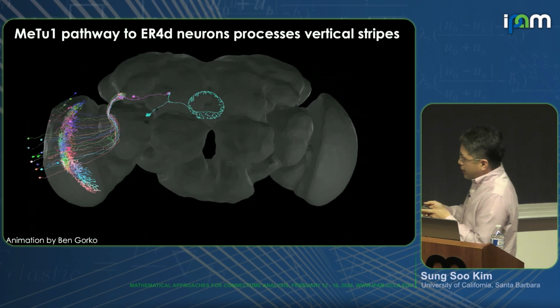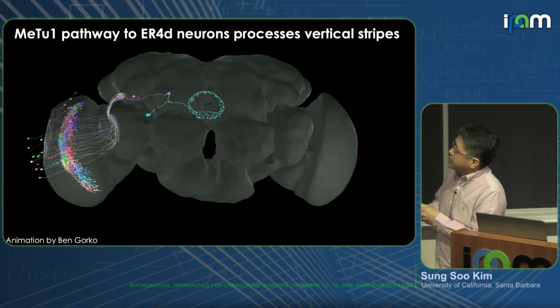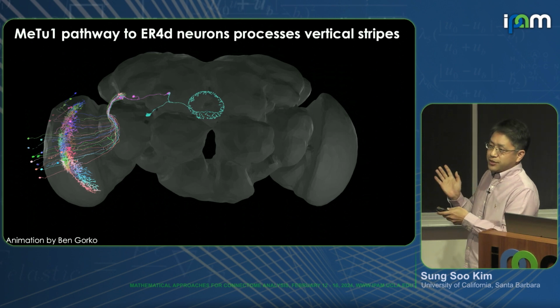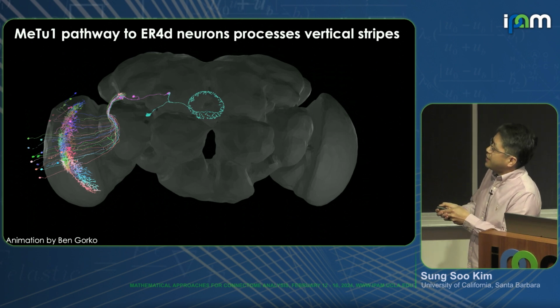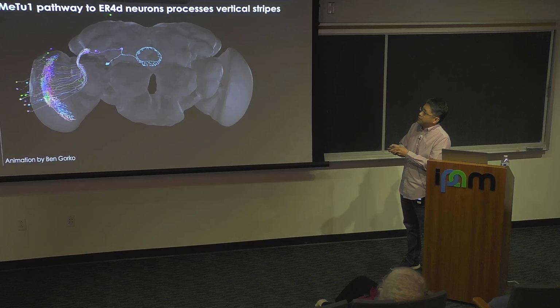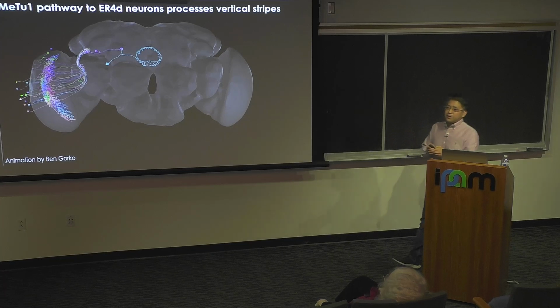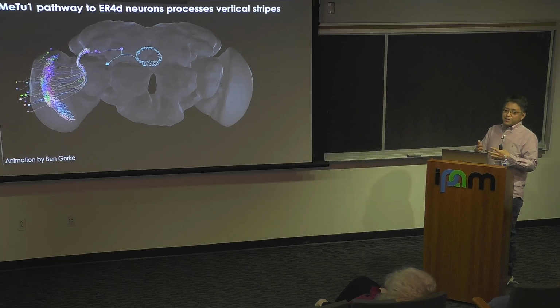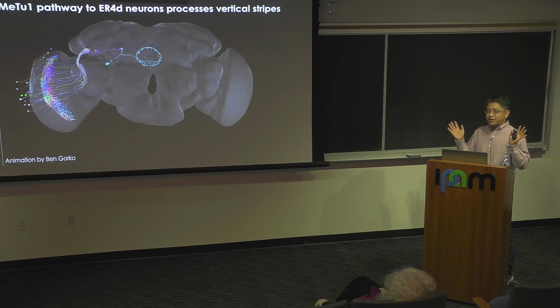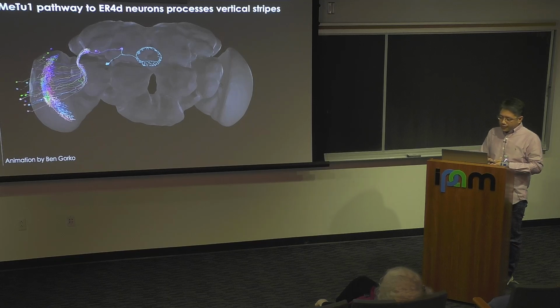I have to explain the naming scheme a little bit. These are ring neurons conventionally, but the neuron name is ER, which means ellipsoid body ring neuron, I believe. So occasionally if I accidentally say ER neuron, that just means ring neuron. Anyway, as you see, these Me-Tu neurons, let me play it again.